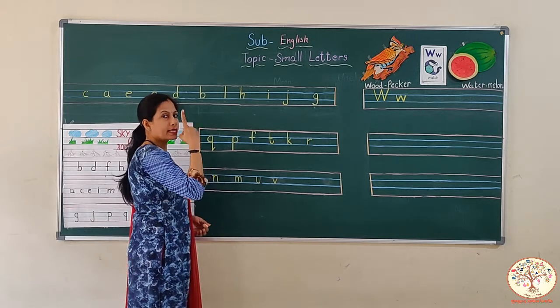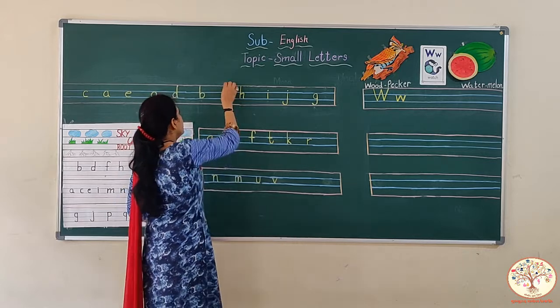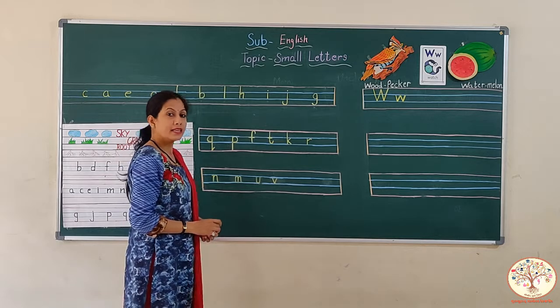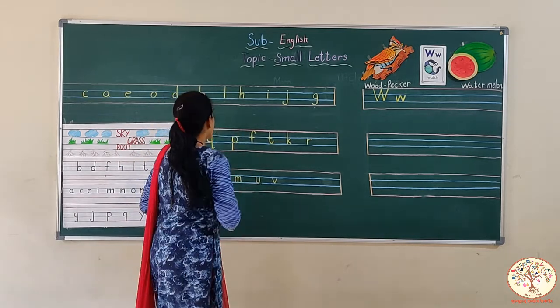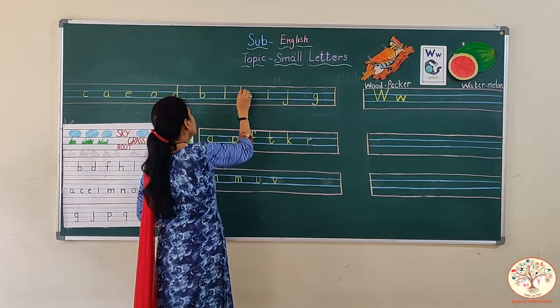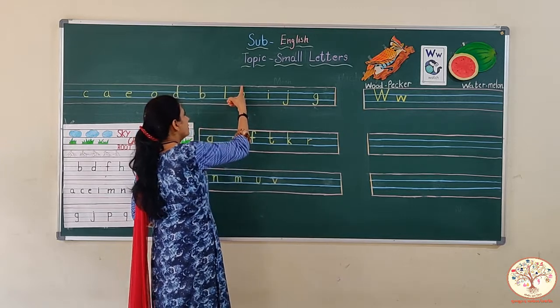Okay, and this one is L. L says La. One standing line. And this one is, yes, H. H says H. First we make a standing line and then a downward curve. This is sky letter.